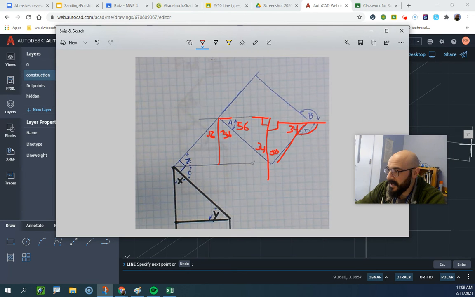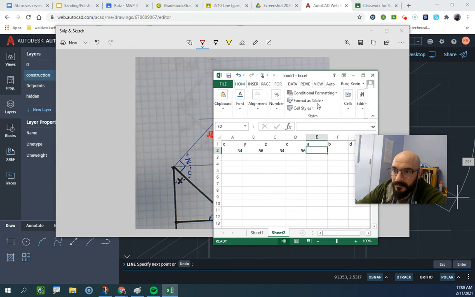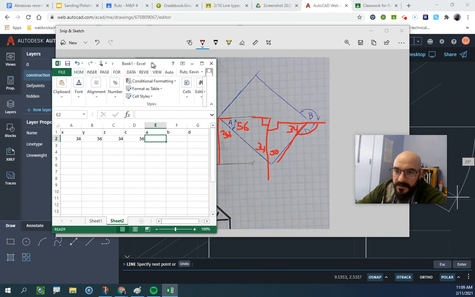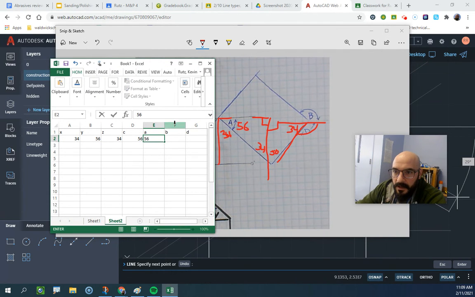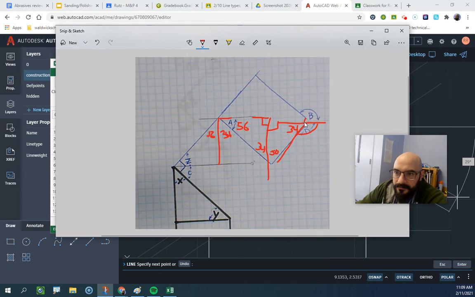So going back to my answer here, A is 56, and D is 146. That leaves B. So let's go back to our picture here. If I were to turn this into a 90-degree angle, 34 plus what is 90? 56.